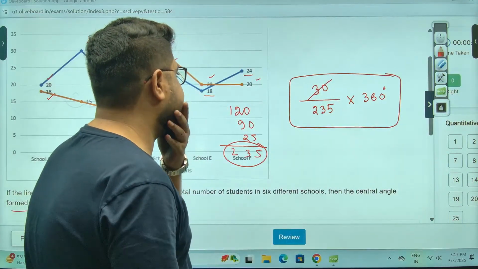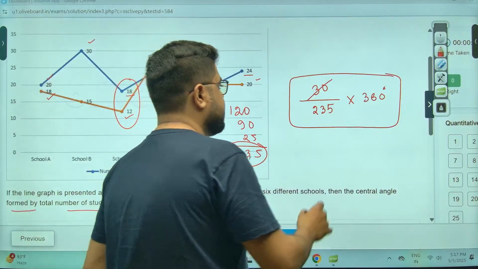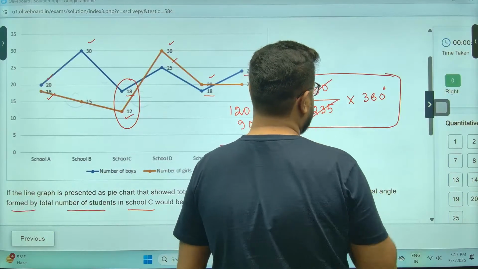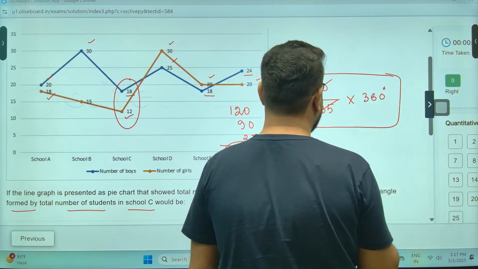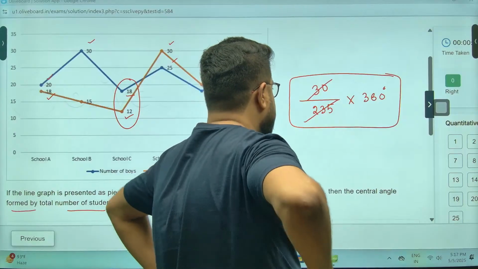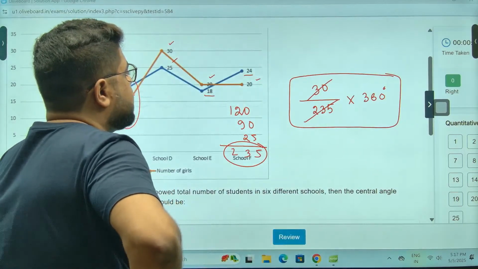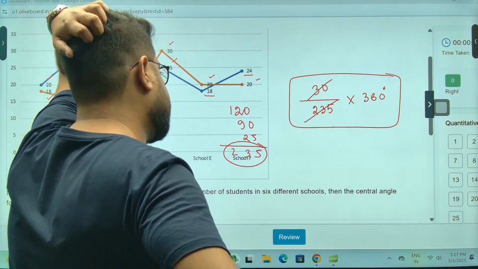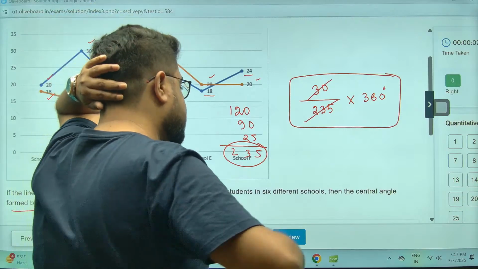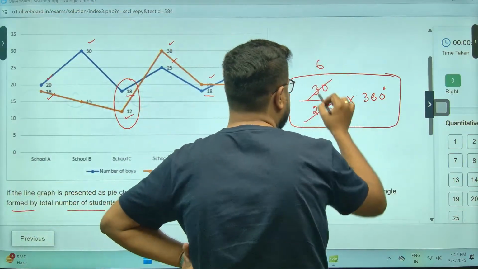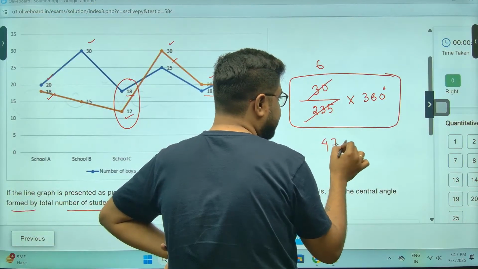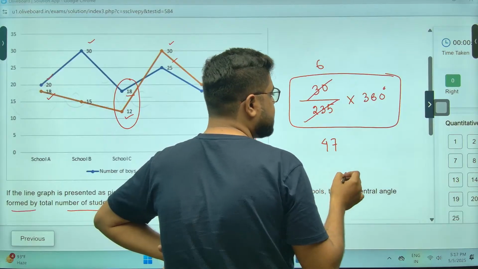Percentage, percentage. Can you guys see anything? 15, it will divide by 15. But sir, 15 won't go either. Let's do it normally, sir. Do it with 5. 5 by 47.